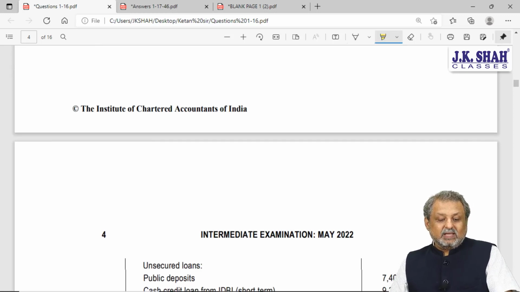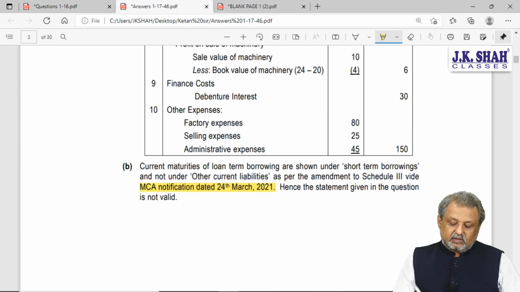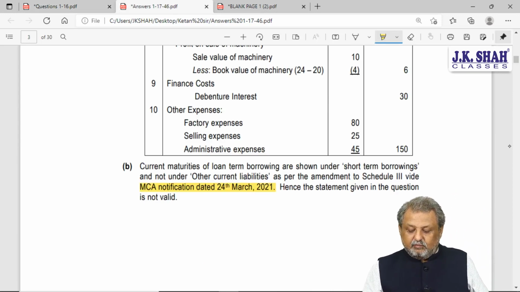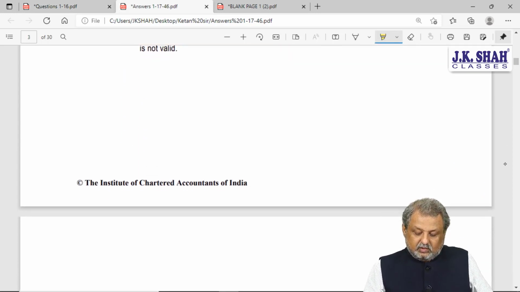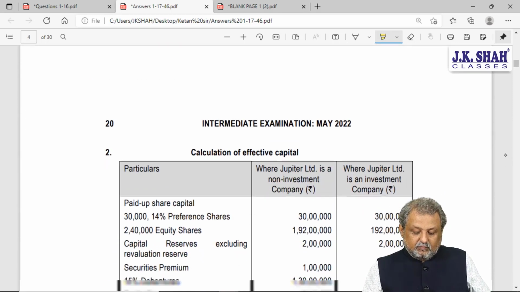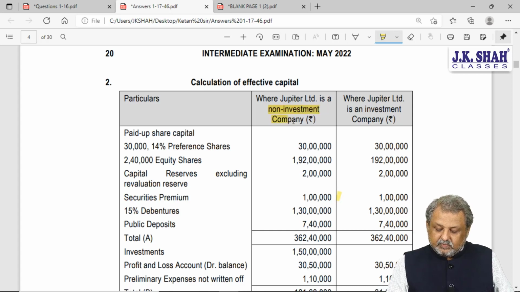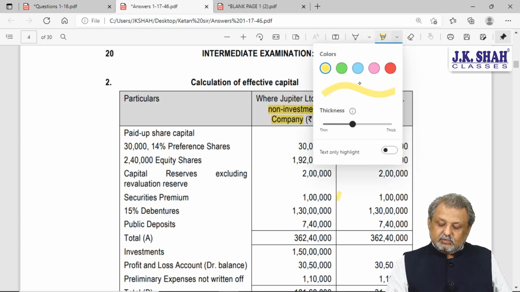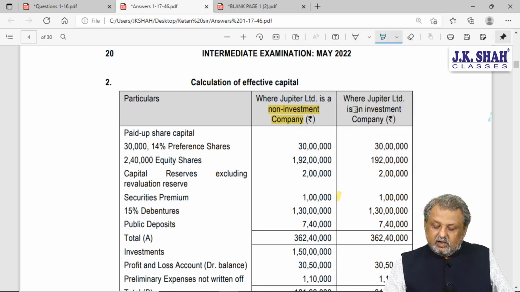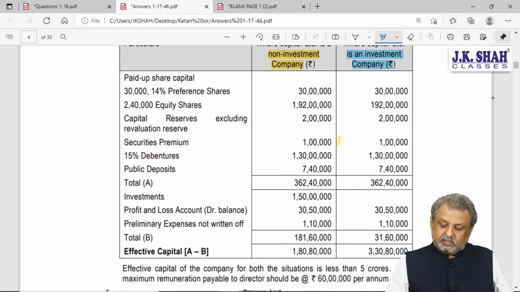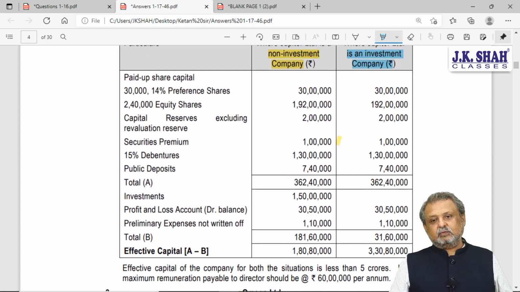Now for the calculation of effective capital, it will be advisable if we have two columns. When Jupiter is a non-investment company, it means their business is something different than investment. And when Jupiter is an investment company. Now what is the difference between the two?